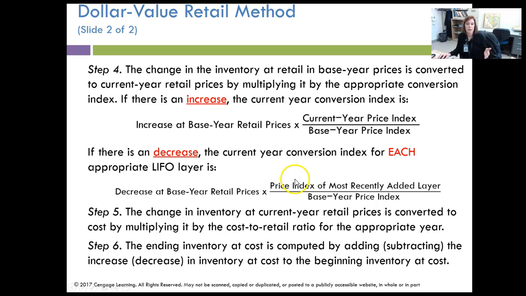And so the most recent layer added was the 2017 year. And so that's why we're relying on the index for 2017 for the year in which we had a decrease.